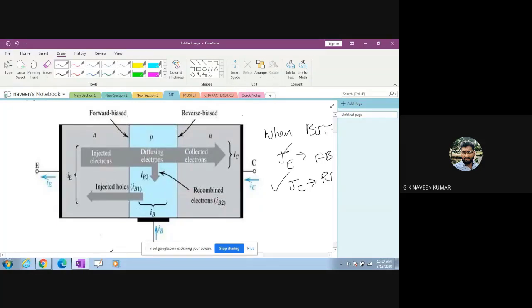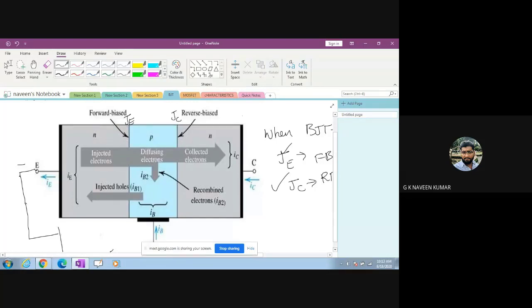So this is my emitter junction. This should be forward biased for the active region, and this is the collector junction, which should be reverse biased. Now, in order to forward bias it, I have to apply voltage, right? So what is the potential I have to apply? The potential I apply should be positive here and negative here, because your VEB should be forward biased and VCB should be reverse biased.